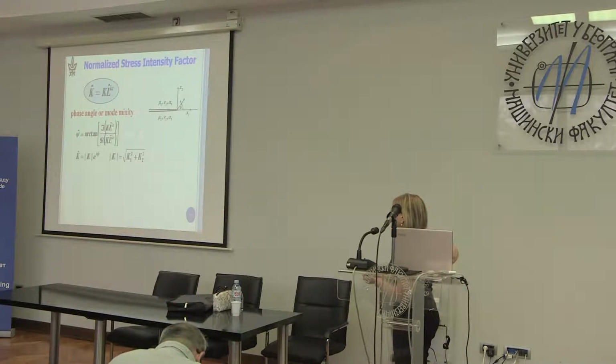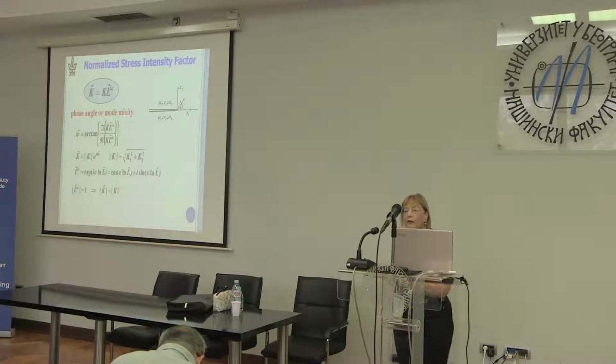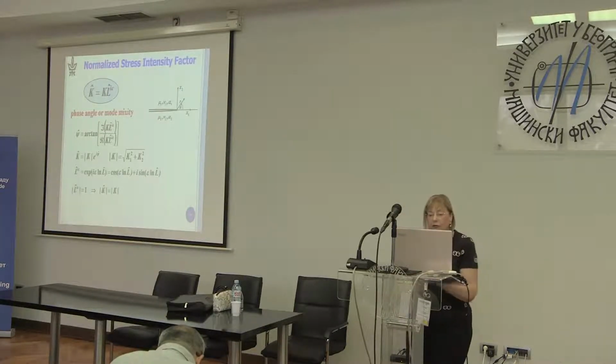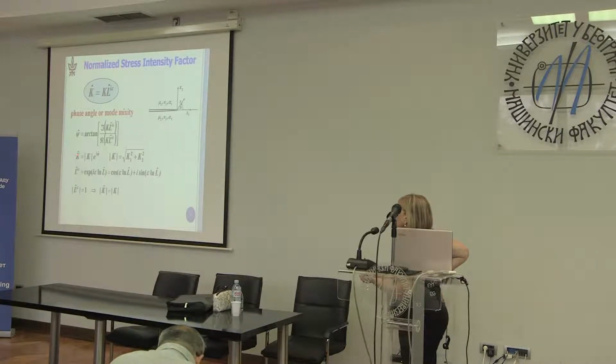The absolute value of K is the square root of the sum of the squares of K1 and K2. And if we look at L hat, if we go back here and we write what L hat to the i epsilon is, we can write it in terms of cosine and sine. And then since this is cosine and sine, the absolute value of L hat to the i epsilon is 1, so the magnitude of K hat is equal to the magnitude of K, and that's why in this expression I can write K hat or I can write K. It doesn't matter, it's the same.